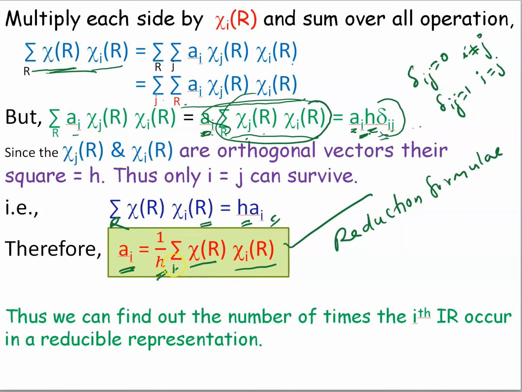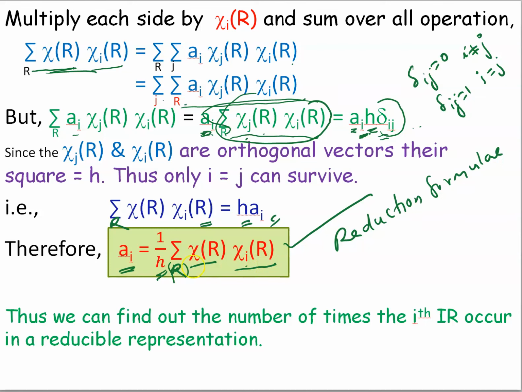Sigma is the sum over all the operations, sigma r. Chi r is the character of the rth operation in the reducible representation, and chi ir is the character of the same rth operation in the ith irreducible representation.